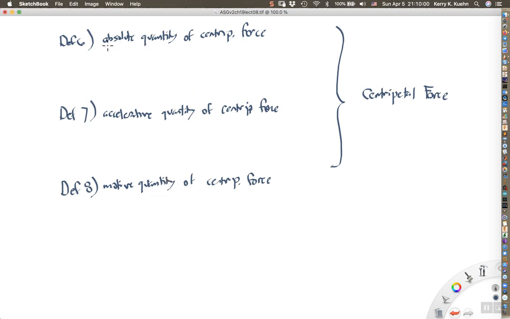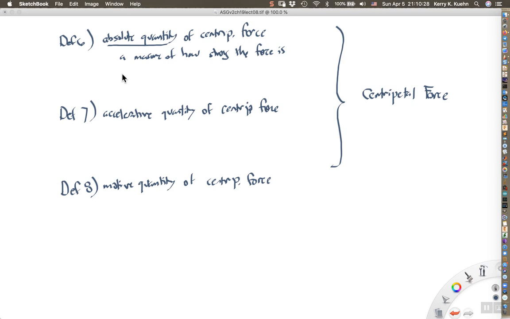Okay, so what is the absolute quantity of centripetal force? The way he explains this, the absolute quantity of centripetal force is how strong the force is. So this is a measure of how strong the force is. That's what we call the absolute quantity of centripetal force.